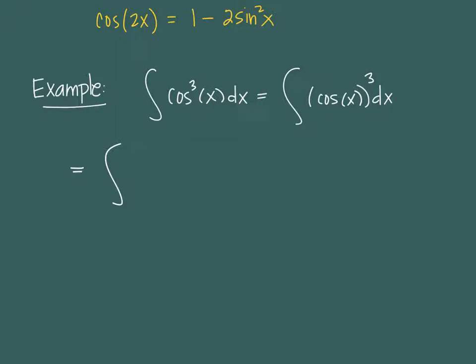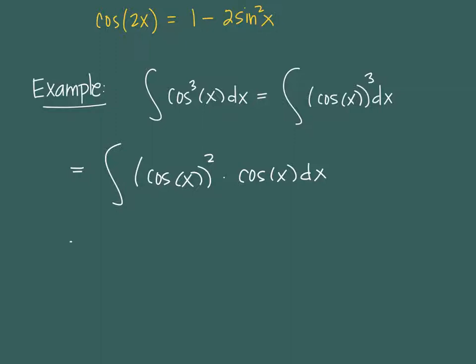So then you need to think of this in terms of cosine x squared followed by a single cosine of x. Those are the same thing, right? That's the equivalent. You're just grouping it differently. You're making this into a product, because once it's a product, then traditional u substitution will work.